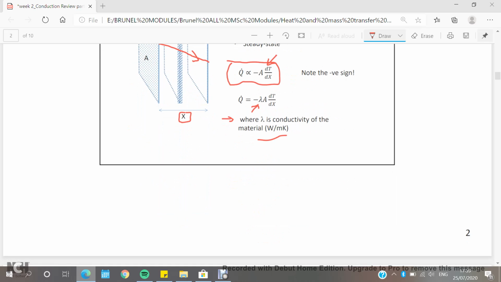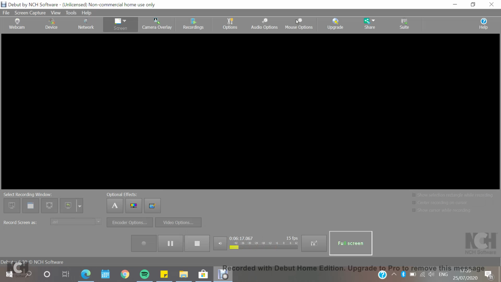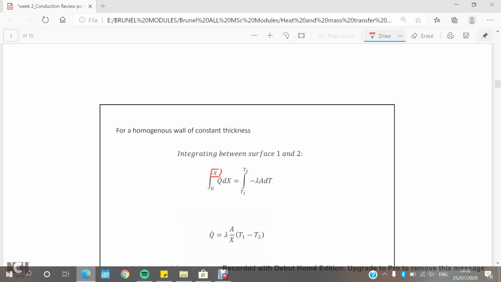We can get the average heat transfer rate by integrating the previous equation with respect to the thickness and with respect to the temperature difference, as we mentioned before, that T1 must be higher than T2.